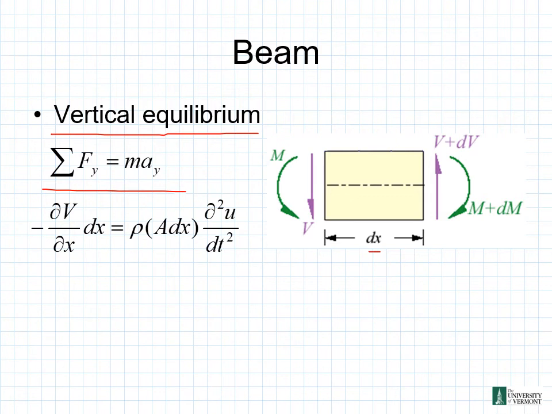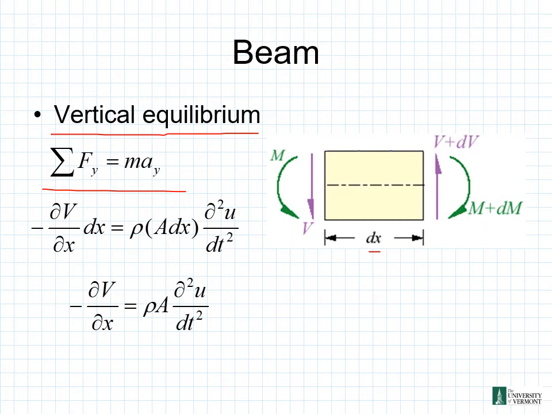So our delta V, delta x, our partial of our shear with respect to x, negative dx, is equal to our rho A dx times the second partial derivative of u with respect to t, or partial squared u over partial t squared here. And we can reduce this down. So negative partial of V with respect to x is equal to rho A times partial squared u over partial t squared, or the second partial derivative of u with respect to t.